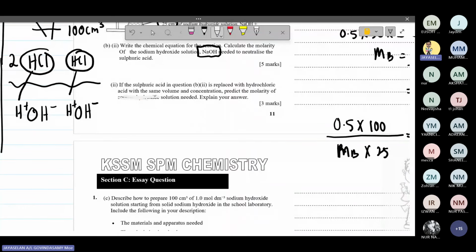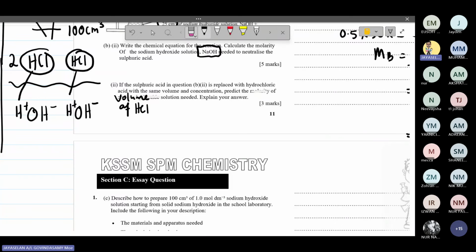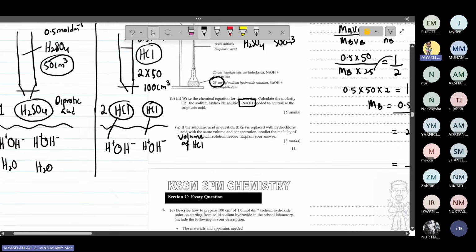Okay, predict the volume of hydrochloric acid needed. Dia memang akan bagi macam ni lah. Okay, they want you to predict the hydrochloric acid punya volume. So, how to predict macam ni lah.